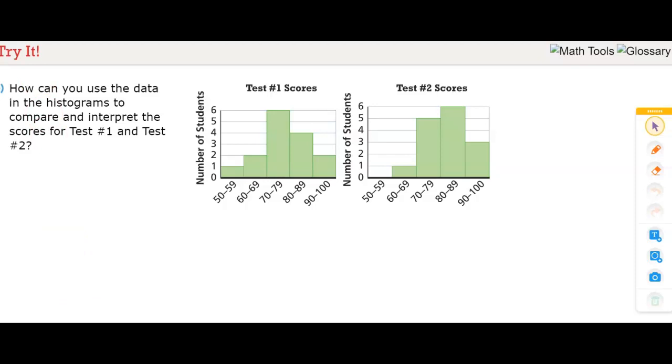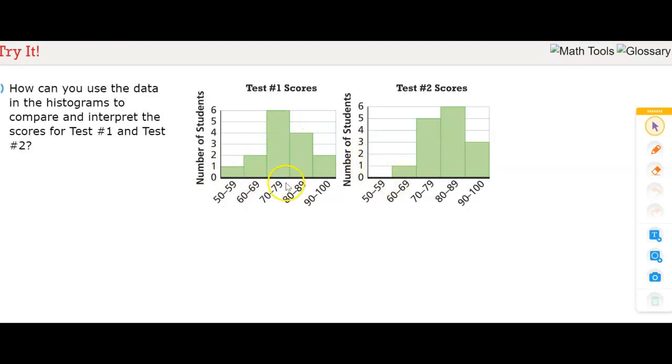There are a few different ways that we can compare the data. For one, you see that for the test number 2 scores, no one scored an F. There's no one in that 50 to 59 range there, but for test number 1, you have at least one person that scored that. So that's one way to compare. They did better on test number 2.